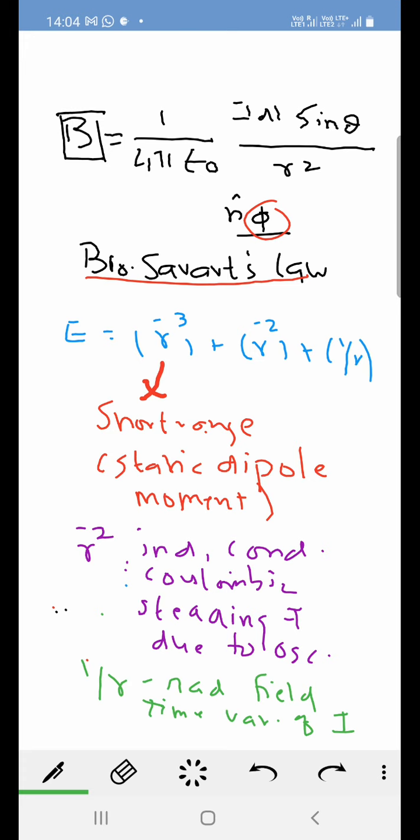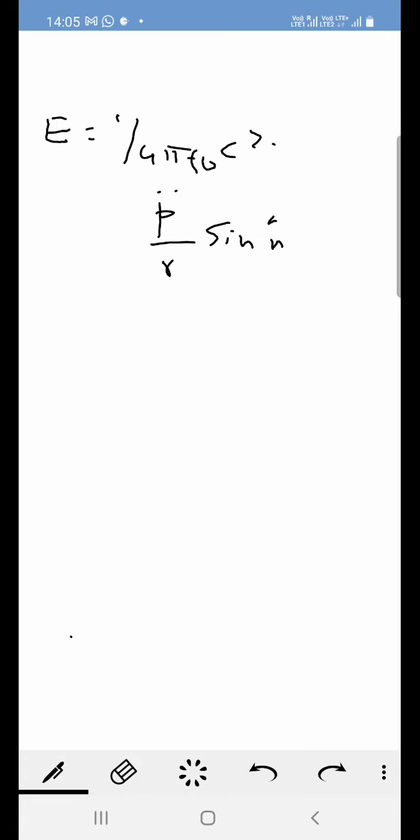If we just consider the radial component of electric field, we will get E equal to 1 by 4 pi epsilon 0 c square into p double dot by r into sine theta.